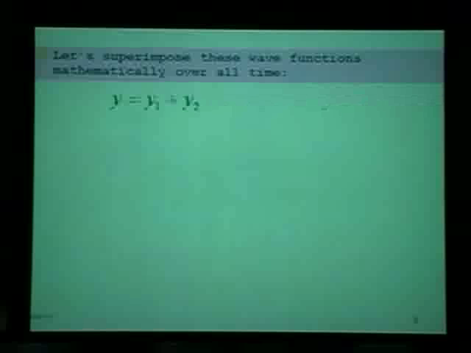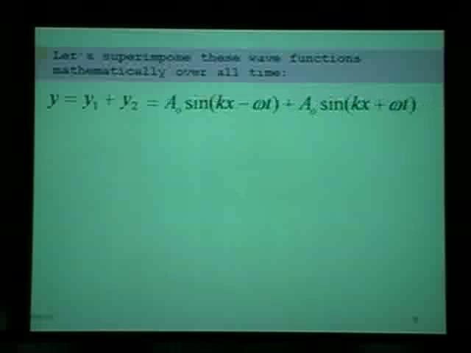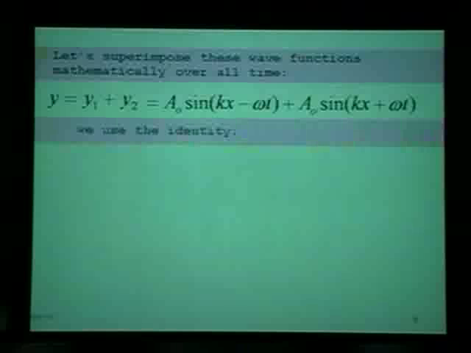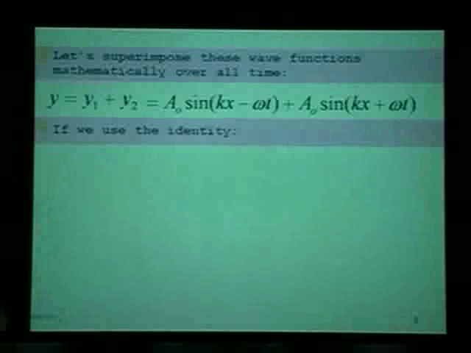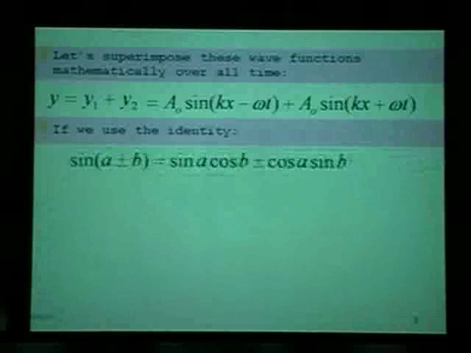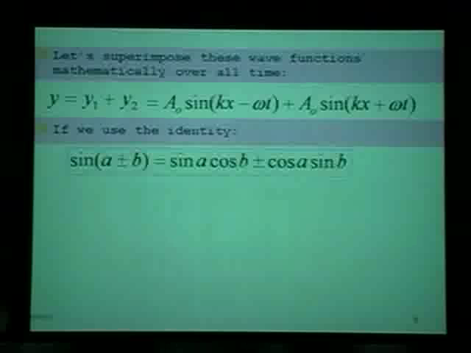Let's see what result we get mathematically for these waves. If I add these two waves together, y1 and y2, I add a naught sine kx minus omega t plus a naught sine kx plus omega t. I'm going to expand the sine functions using the identity that the sine of a plus or minus b equals sine a cosine b plus or minus cosine a sine b.